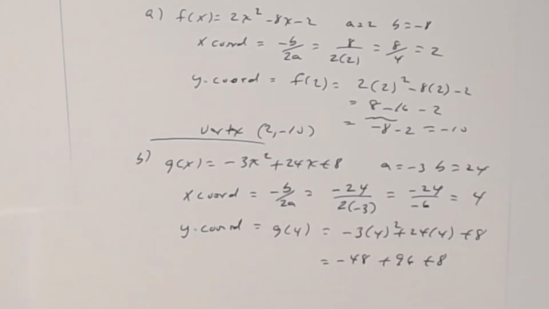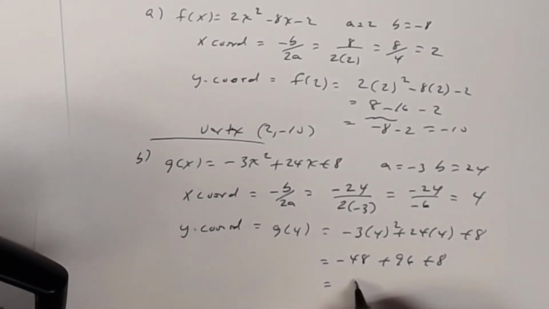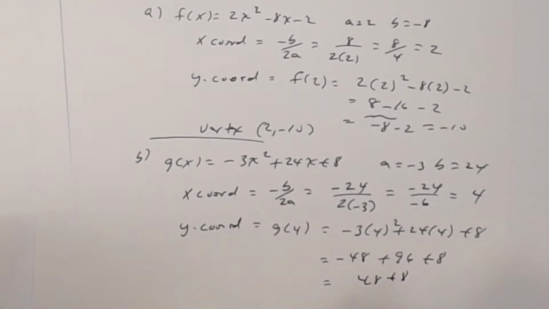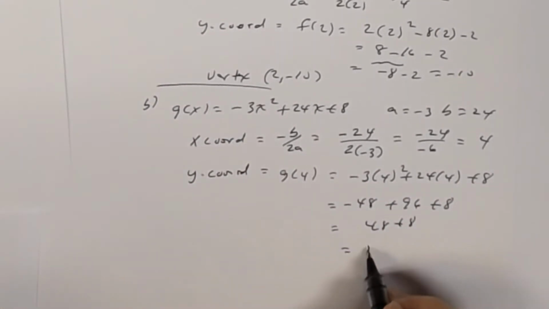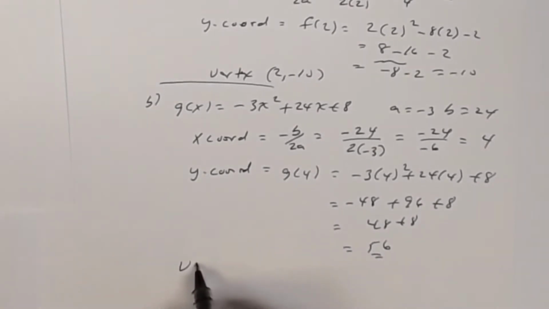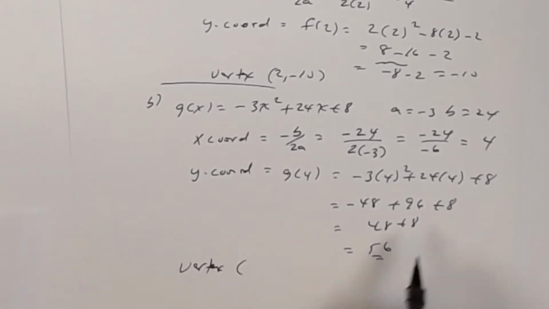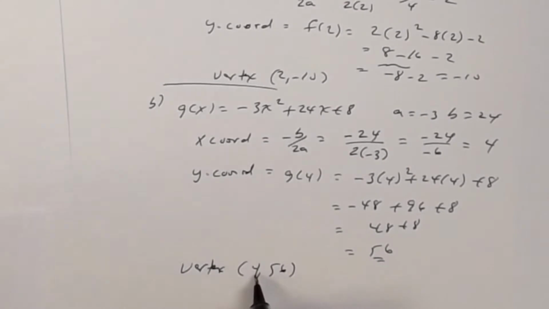Adding negative 48 and a positive 96 will give us a positive 48, right? So 48 plus 8 will give us 56. So my vertex will be 4, 56. The x coordinate is 4 and the y coordinate is 56.